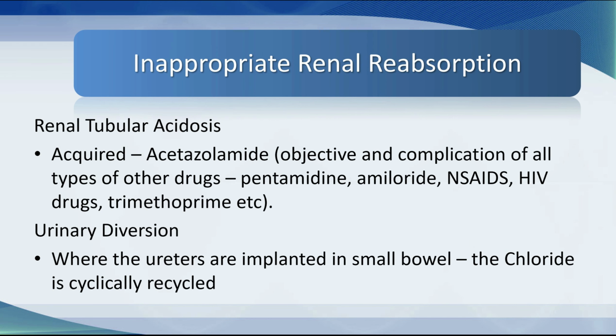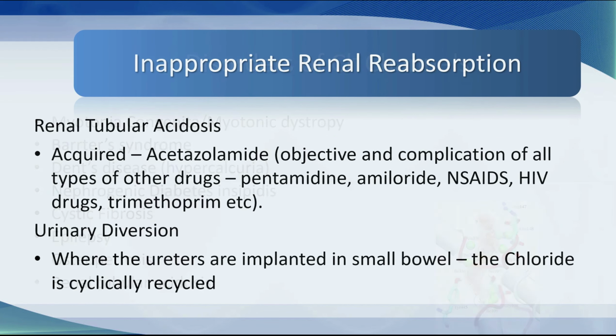Now, renal tubular acidosis involves inappropriate renal reabsorption of chloride. And it's a congenital disease, but it can also be acquired, for example, if you give a patient acetazolamide. And it's also a complication of the use of some other drugs, such as pentamidine, amiloride, non-steroidals, some HIV drugs, trimethoprim, etc.